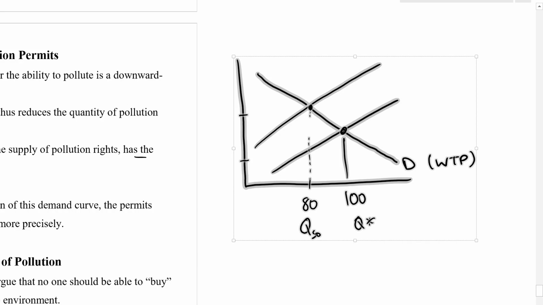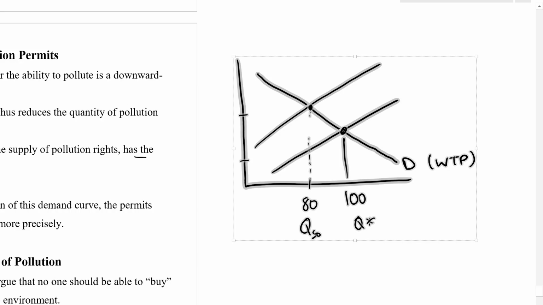But that's what we thought the market looked like, but the demand curve wasn't actually this, but this, and we put that corrective tax into place, well, actually, we're not going to end up with 80 units of pollution. We're going to end up with 95.